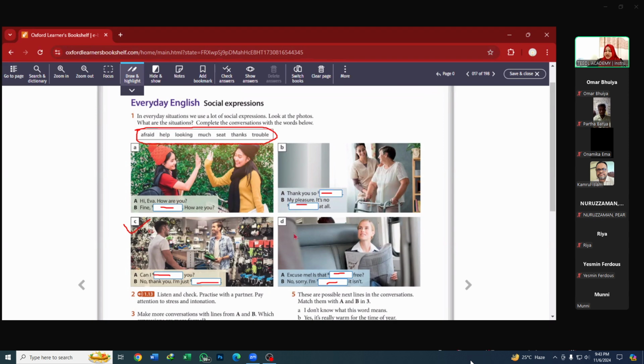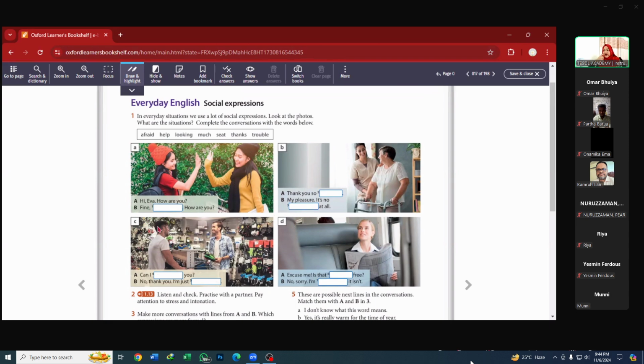Next, in the last picture, that is picture D, we can see a lady who's sitting in a train and someone is asking her about the seat next to her, whether it is empty or not, or is someone sitting there or not. So that is what is being asked. She's being inquired about the seat next to her in the train. Okay, so these are the 4 pictures that are given and the conversations in it.